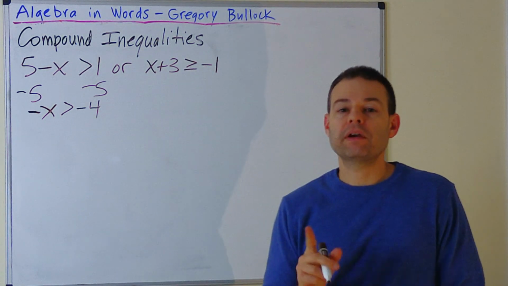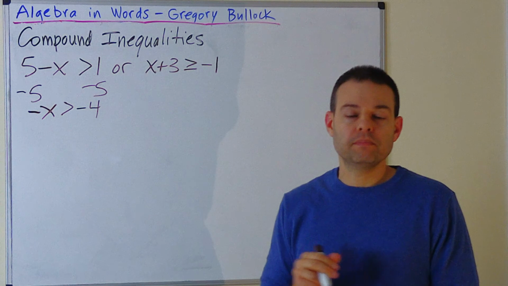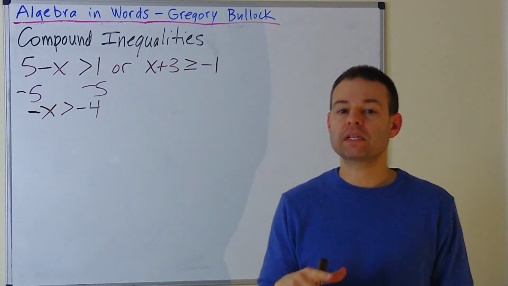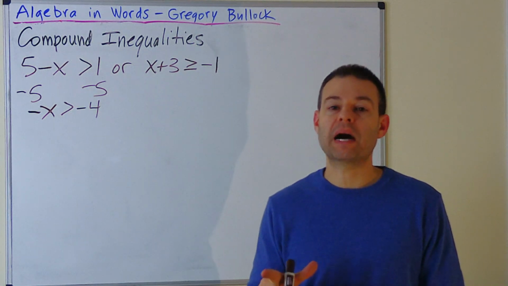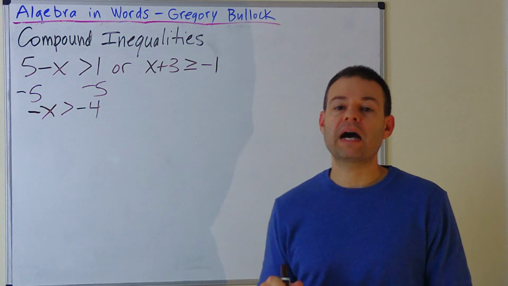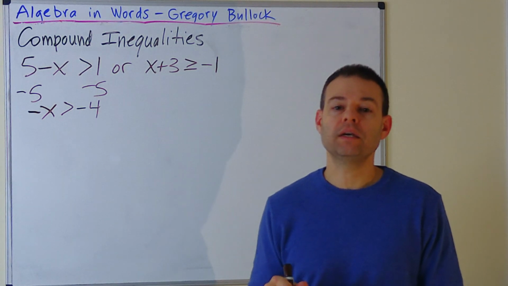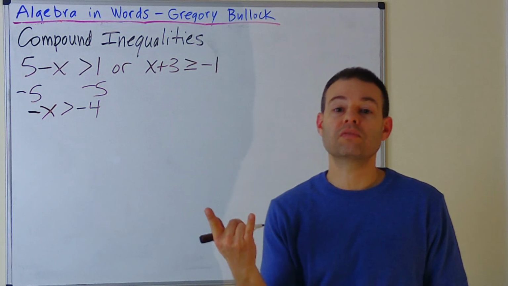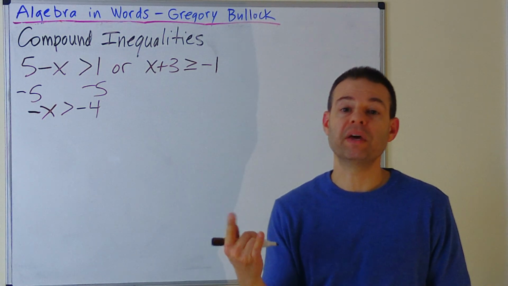Okay, now we have a very crucial point that we need to pay attention to, which is to get x alone, meaning positive x, we have to divide both sides by negative 1. And this exhibits the principle that when you divide both sides of an inequality by a negative number, you have to change the direction of the inequality symbol in the middle.